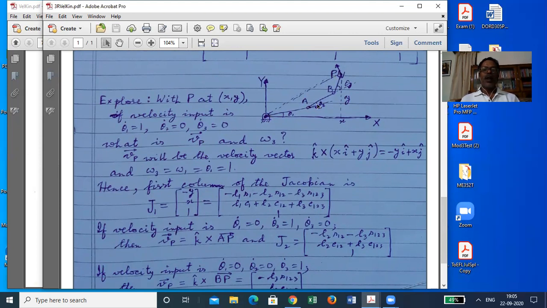So if we lock both the second and third links, then from here to here, all of them will become rigid together. And then the first joint we move with 1 radian per second angular motion. In that case, what will be the velocity of this point and what is the angular velocity of this hand.